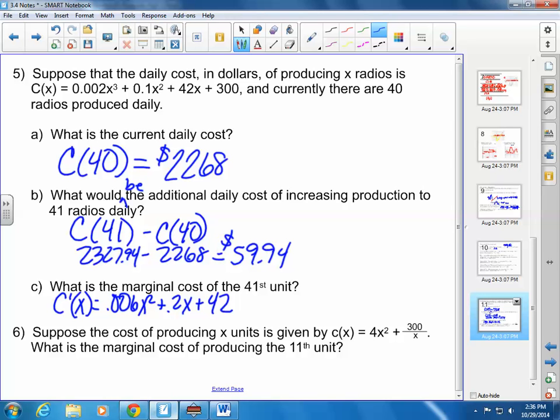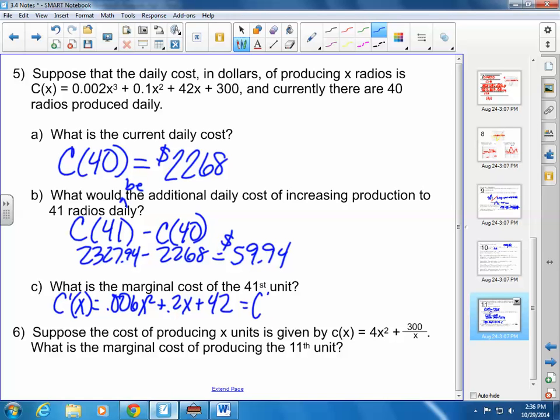So what happens when you plug in 40 to that?